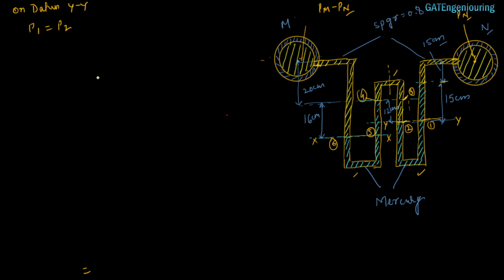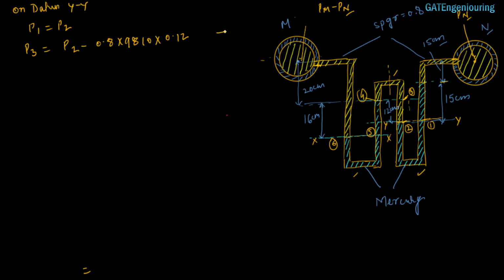If we talk about pressure 3, P3 is equal to P2 minus the pressure because of this pressure head, which is 12 centimeters. This is the fluid flowing inside the pipe, with specific gravity 0.8, so it is 0.8 into 9810 into this height, which is 12 centimeters, so in meters it is 0.12.